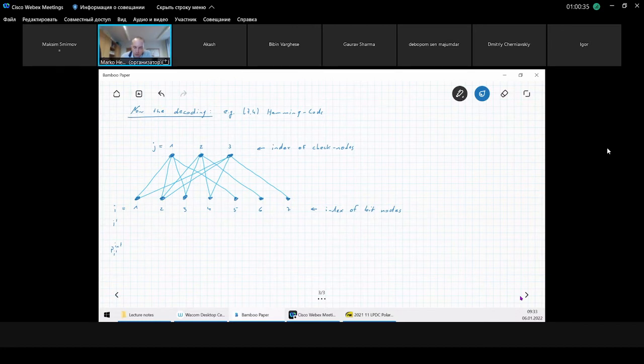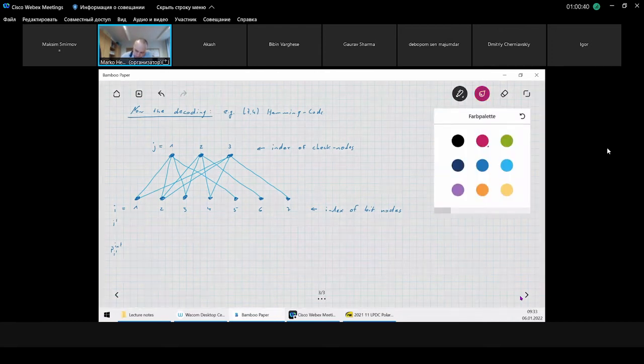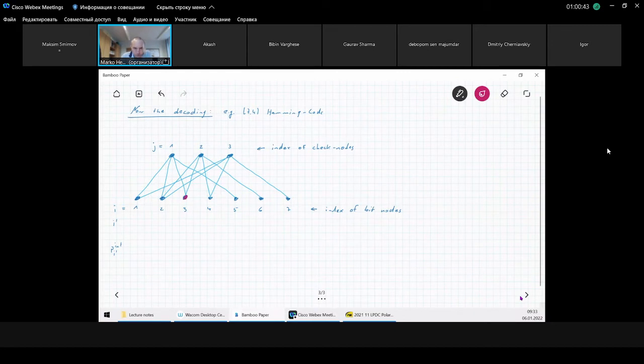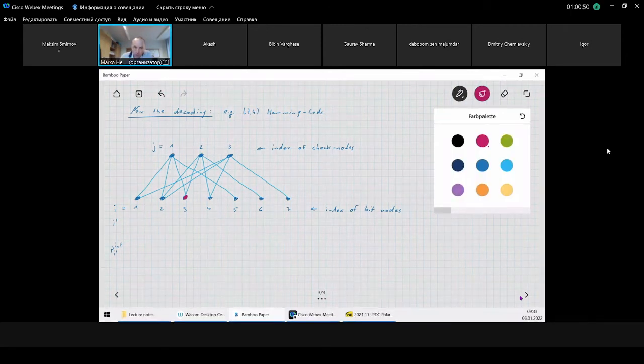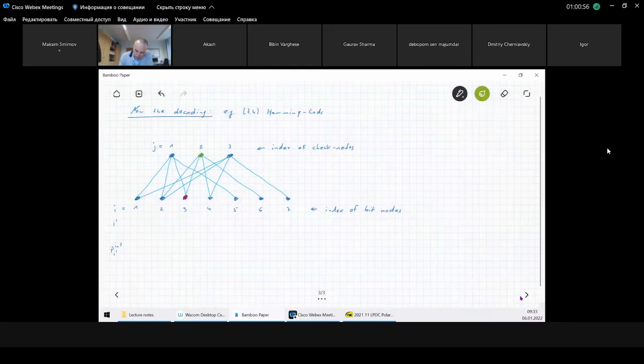Basically, I want to ask the question, what can we conclude on bit node 3 by using all the other bits and how they are linked along check node 2? So let's see which bits are linked here. This one has a link to check node 2, this one too, and this one.